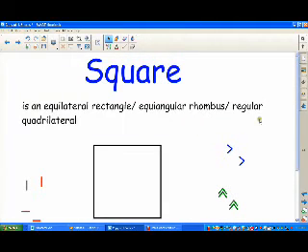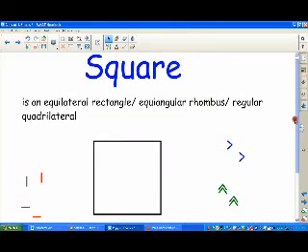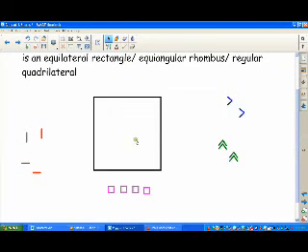A square, it's an equilateral rectangle, an equiangular rhombus, or a regular quadrilateral or regular polygon. We could say either one. So it actually fills multiple categories. Okay, so a square is a rectangle, but a rectangle is not a square. So I've got 4 congruent sides, which makes it equilateral.